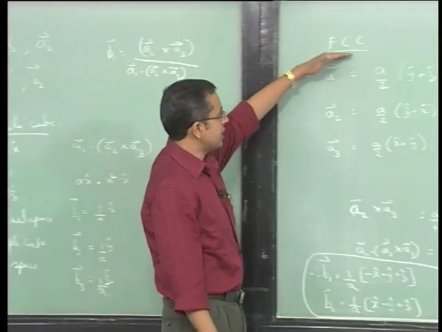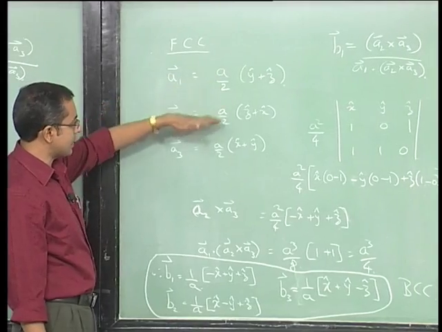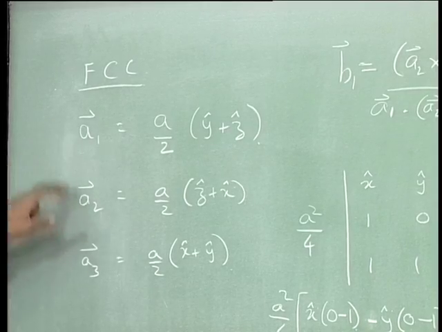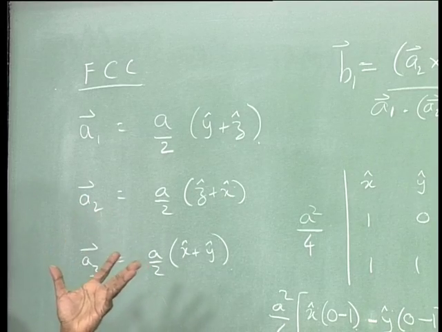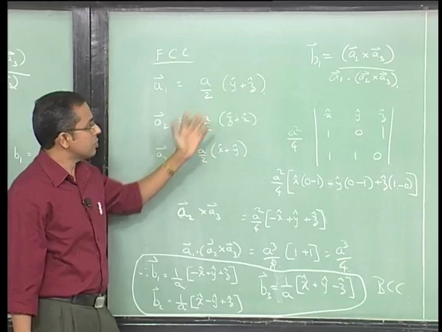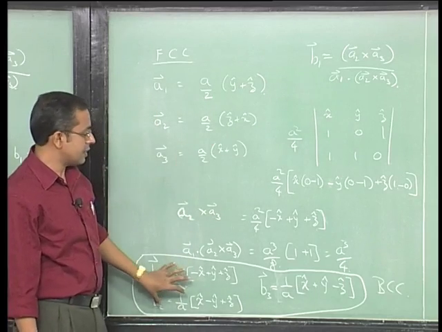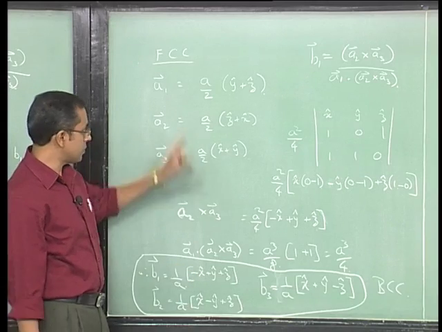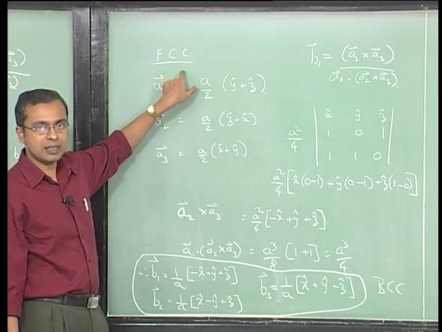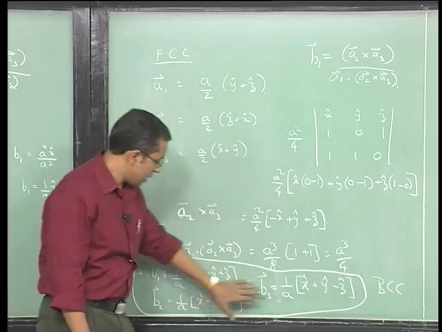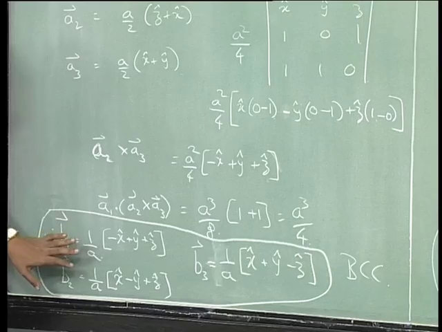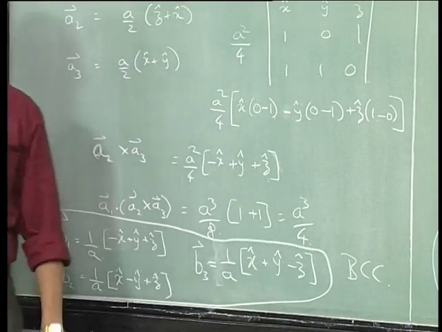If we start with the face centered cubic material and take the three characteristic vectors that represent it, and run through the calculations corresponding to reciprocal space, we find that the reciprocal lattice that is generated happens to have vectors similar to those of a body centered cubic structure.